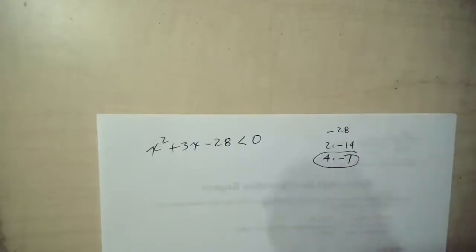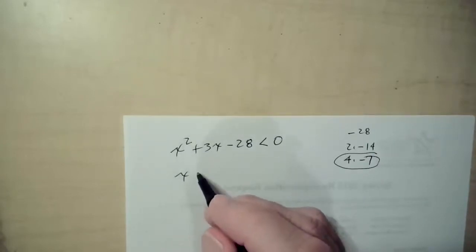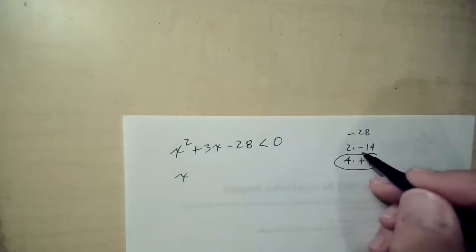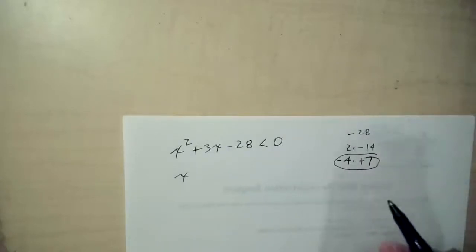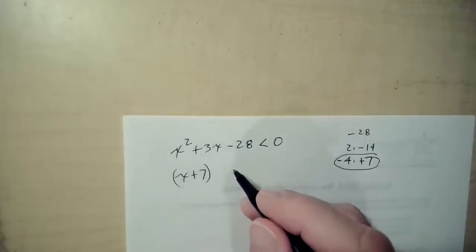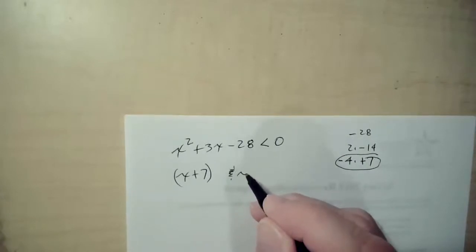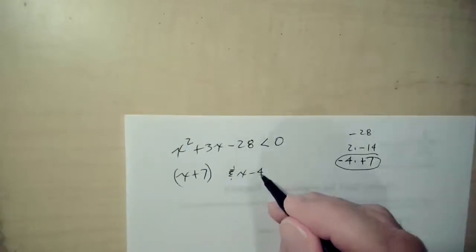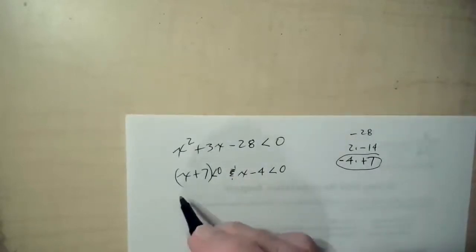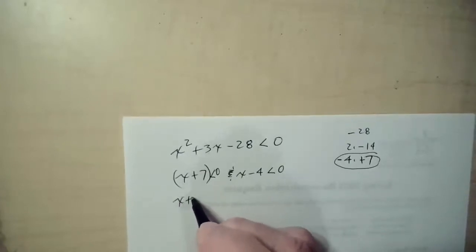There it is there, huh? Yep. So this is going to be x plus 7 and x minus 4 less than 0.